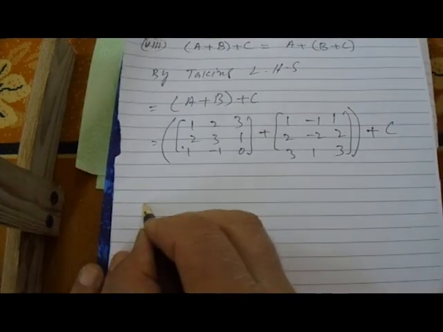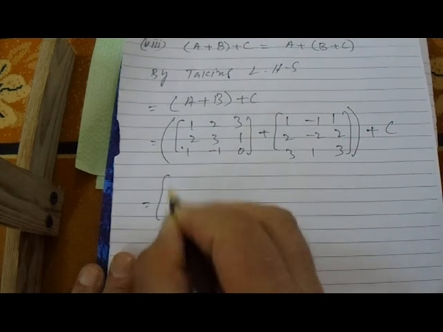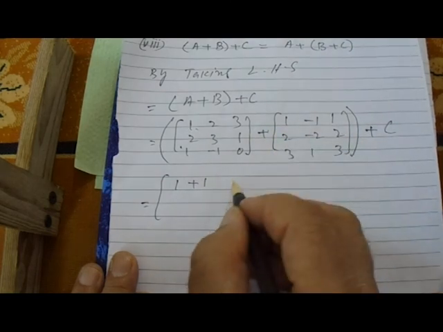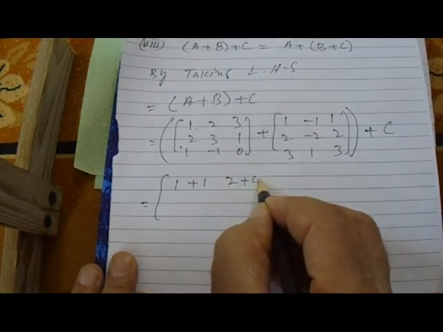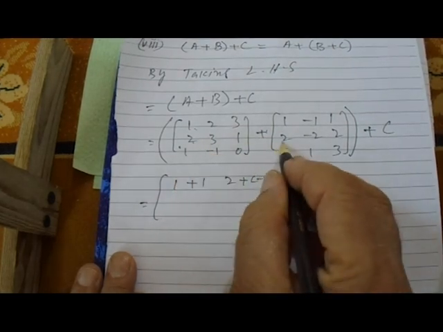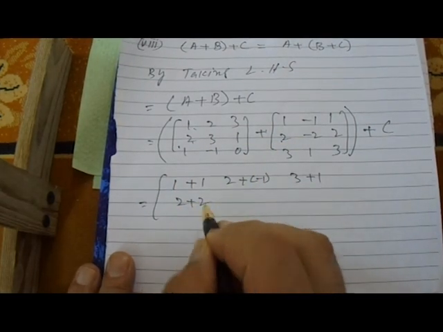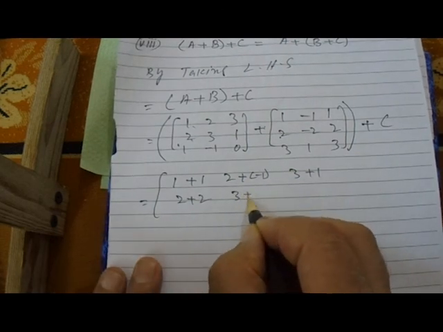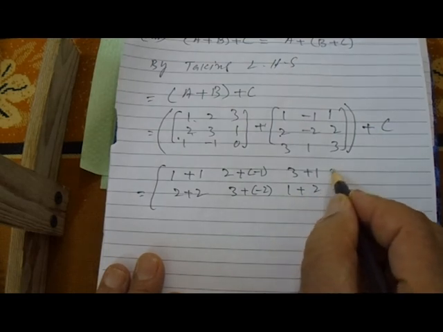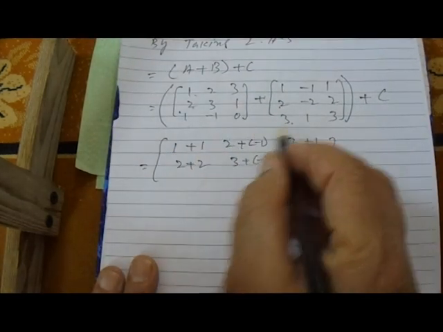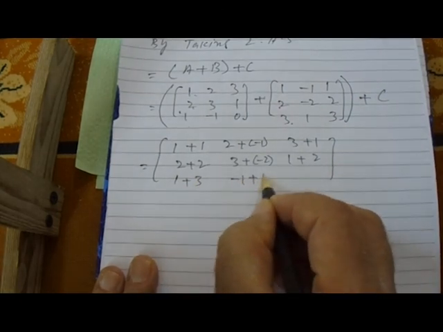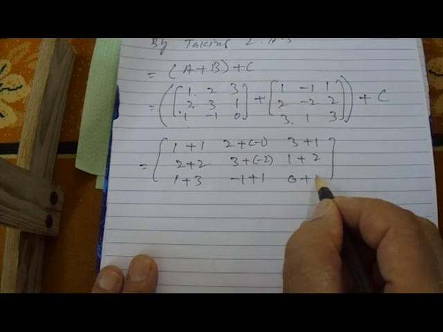This is equal to, now we remove these round brackets, 1 plus 1, 2 plus minus 1, 3 plus 1, and 2 plus 1, 2, 2 plus 1, 2 and 3 plus minus 2, again 1 plus 2, 1 plus 3, 1 plus 3, minus 1 plus 1 and 0 plus 3.